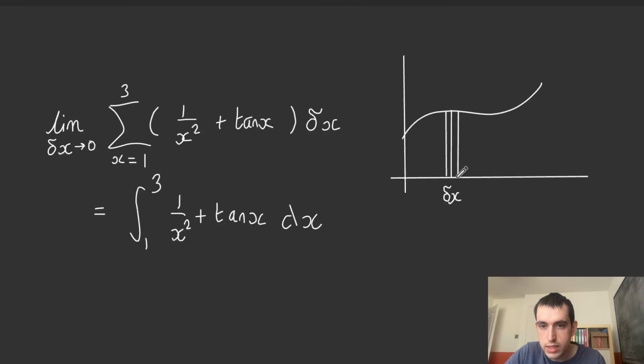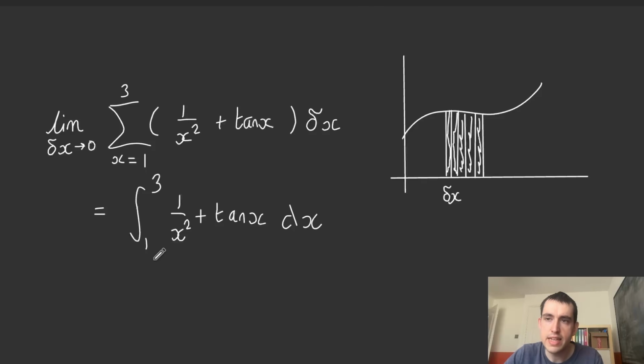And what we're trying to do by writing it as a sum is we're trying to say, let's take all those rectangles and add them together. I don't know about you, but if I think about adding all these rectangles together, I do the area of that plus the area of that plus the area of that plus the area of that. Is that not the area underneath the curve? Is that not what an integral can represent?